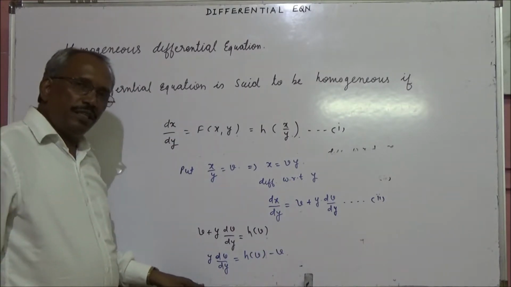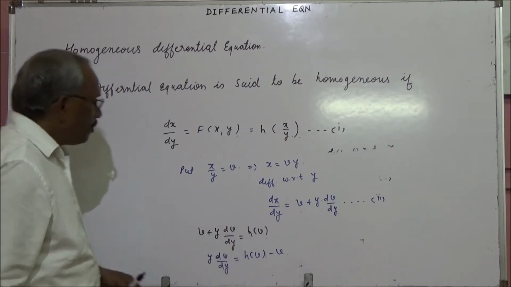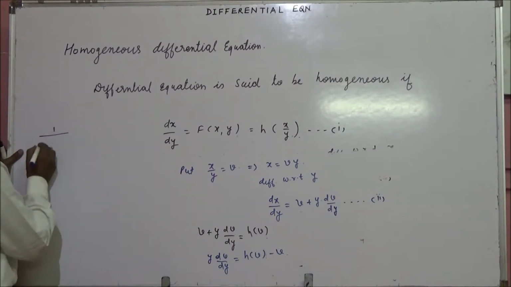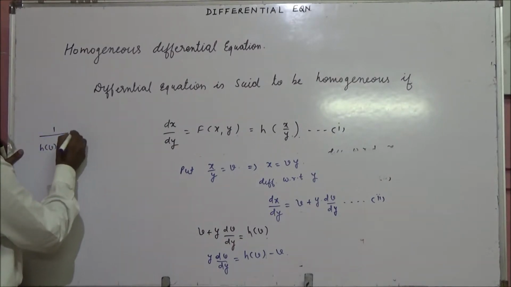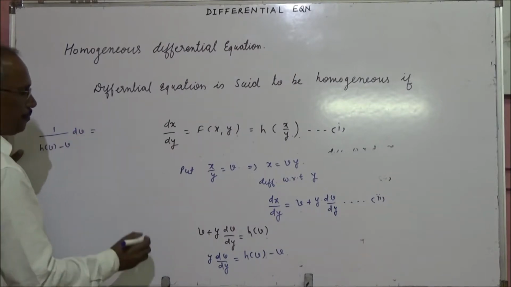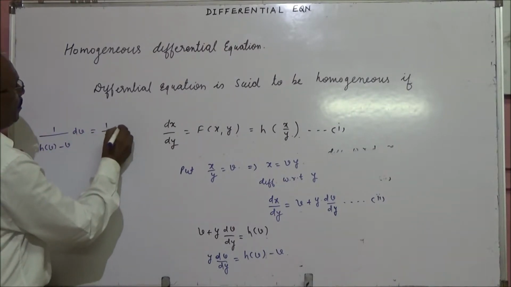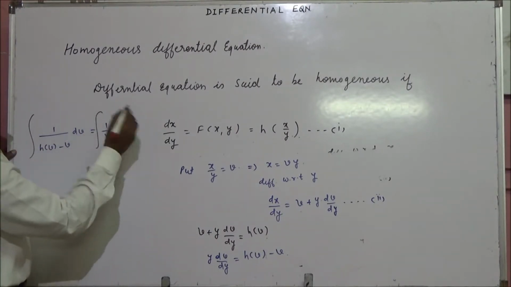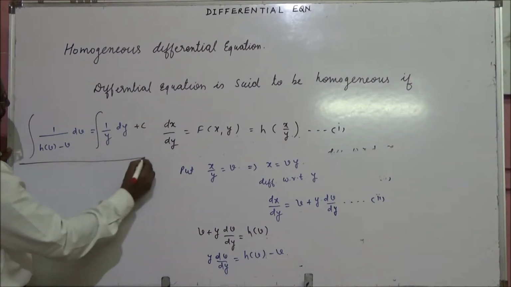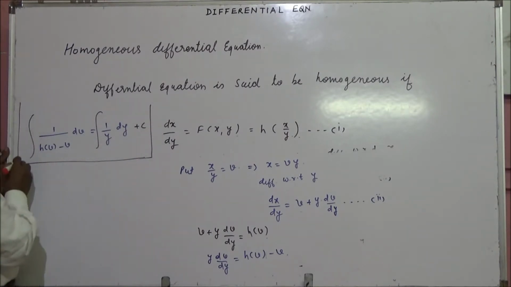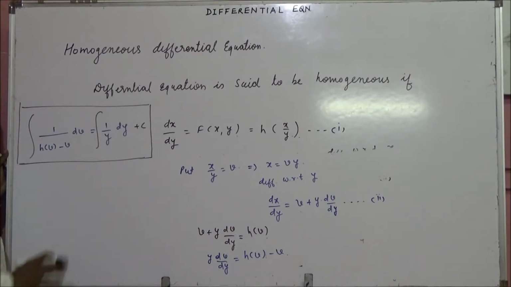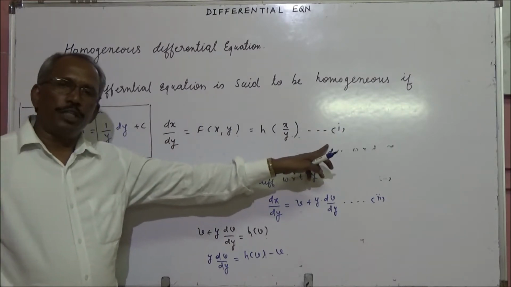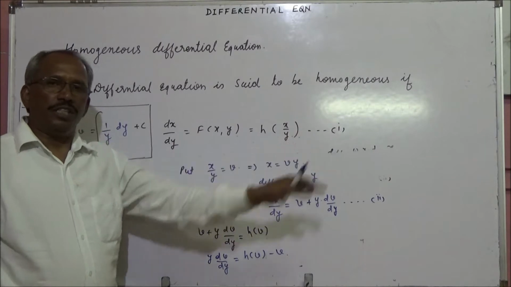Again it has come in variable separable form, so we take the y terms and v terms on separate sides. It will be 1 upon h of v minus v dv is equal to 1 by y dy. Integrating this, the answer will be in this form plus C. This is called the solution of equation number 1, that is, the primitive of the differential equation.